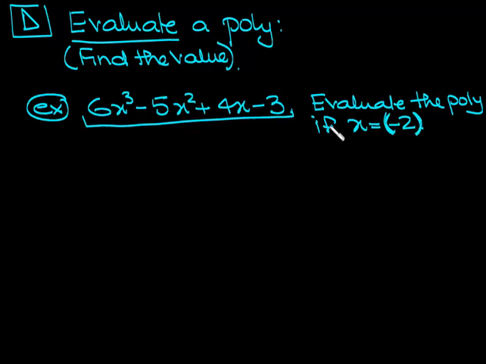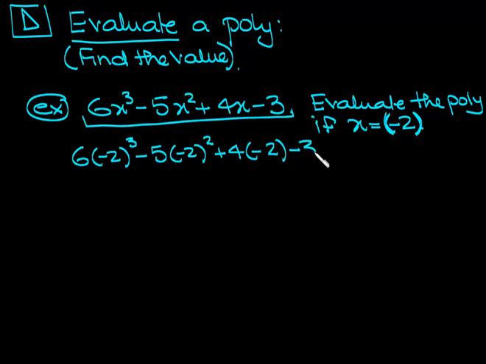So now I'm going to substitute this into the expression and replace all the x's with parentheses negative 2. So I get 6 times (negative 2) cubed minus 5 times (negative 2) squared plus 4 times (negative 2) minus 3. If you recall from your early days of arithmetic, we always follow order of operations when you have a lot of choices in terms of operations to perform.